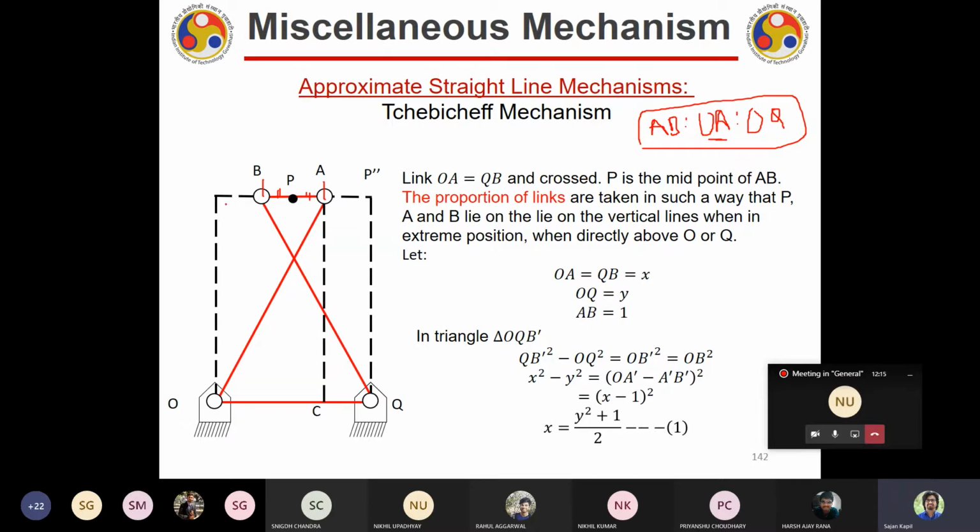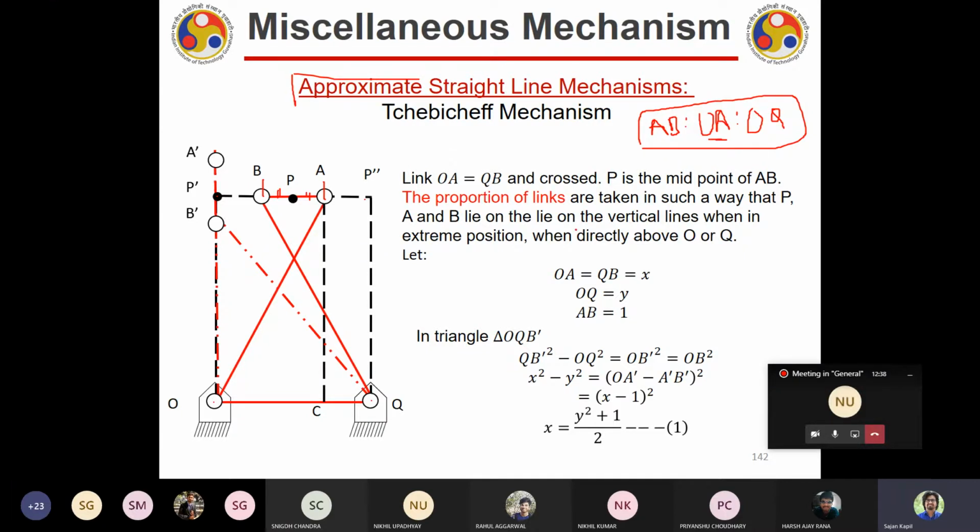It should be in such a way that when this link toggles and goes to the extreme position, for example like this, then P should be exactly above O, or P should be exactly above Q if it goes in the right direction, on the right side. If that is happening, then we can say that P is moving in approximately a straight line as per this Chebyshev mechanism.